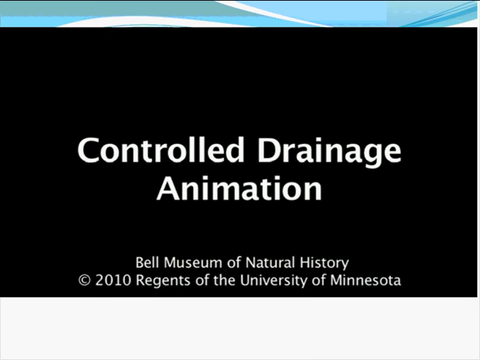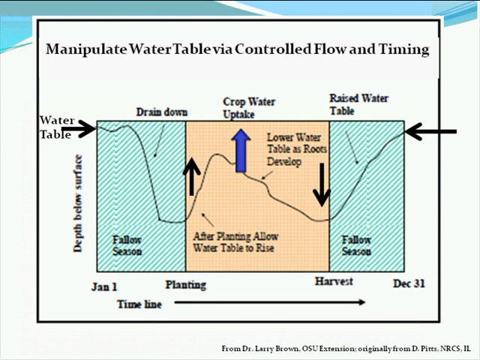the video. Here's another view of, you know, when we're looking at drainage water management, we're basically trying to manipulate the water table. Let's say we are starting at the left-hand side of this graph with water table during the fallow season at some very shallow depths below the soil surface.